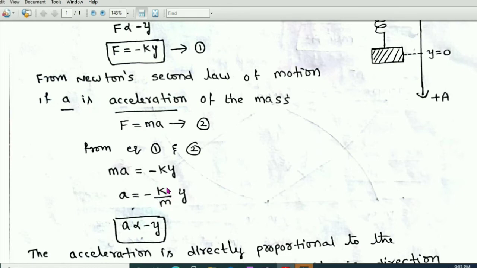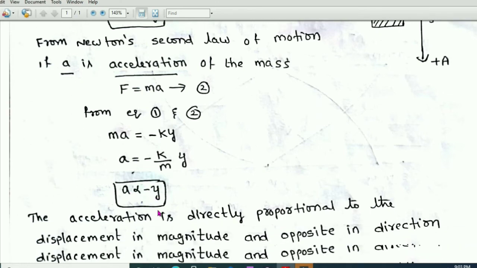Hence we can write the relation between A and Y: A is directly proportional to minus Y.